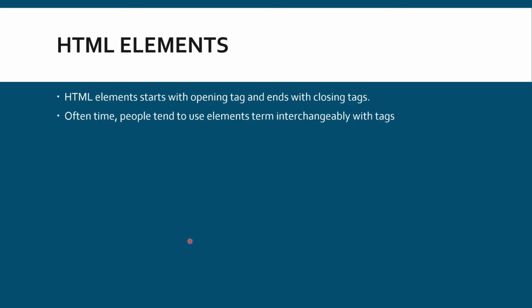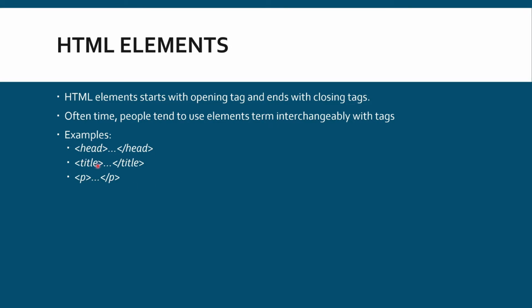If it is a tag in pair, for example, we have a head element, title element. So this opening and this head is the tag name. This is the opening tag, and when we have some content and we have a closing tag, this whole thing is known as an element.